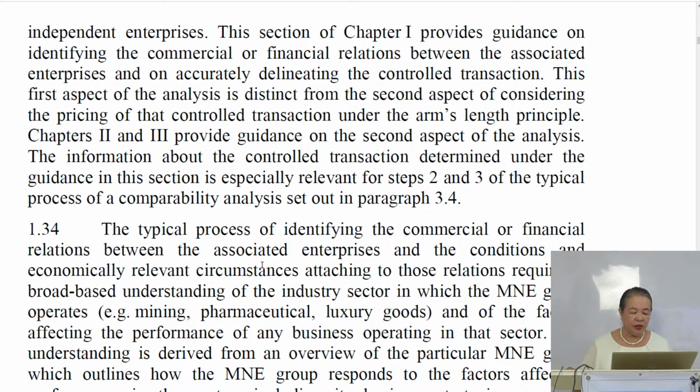So, the information about the controlled transaction determined under the guidance, especially for steps 2 and 3 of the typical process of a comparability analysis. Ito yung process ng comparability analysis, no, as found in these regulations.